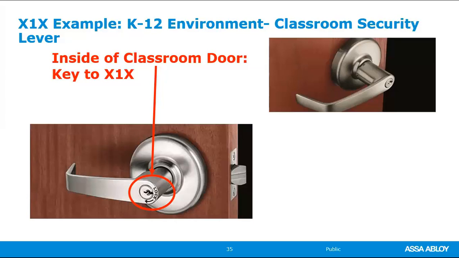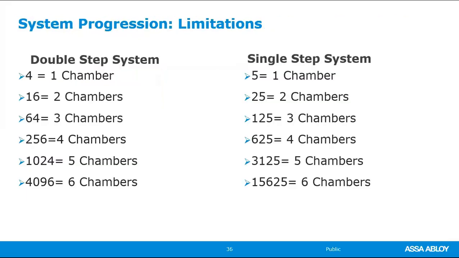Just because the administrator didn't have a key to come into that door, they wouldn't be able to lock the outside lock in case of an emergency. That's why it behooves you to key the inside of the classroom door to X1X, where all keys in the system will operate it.